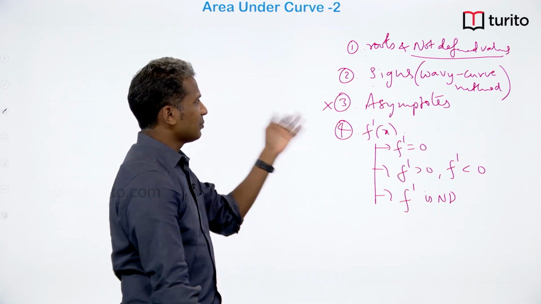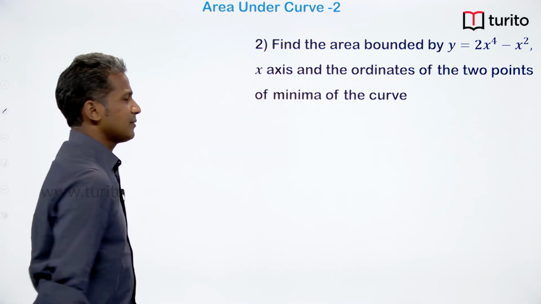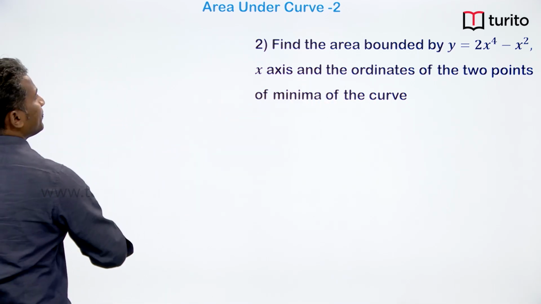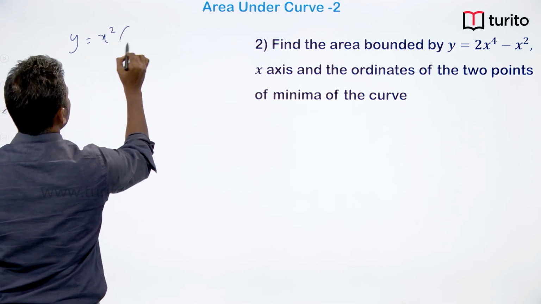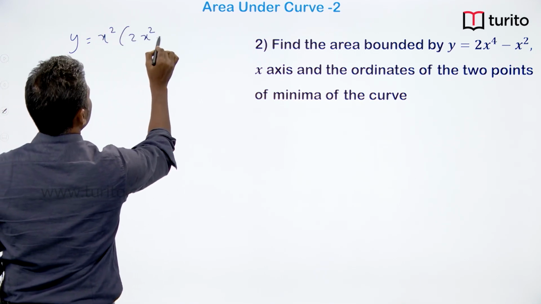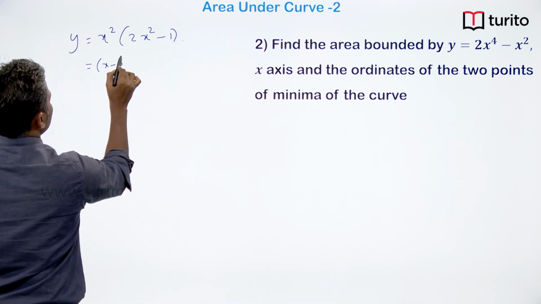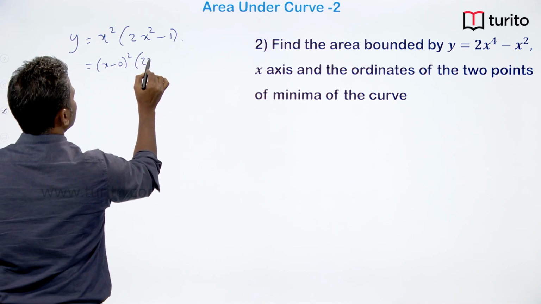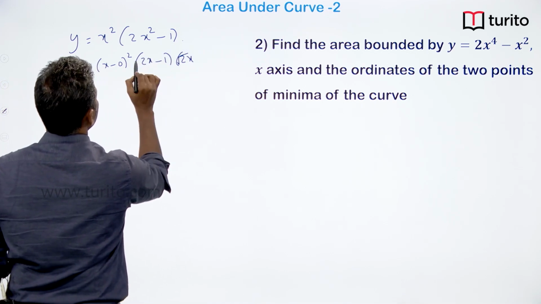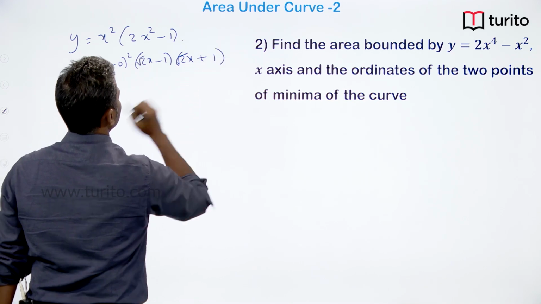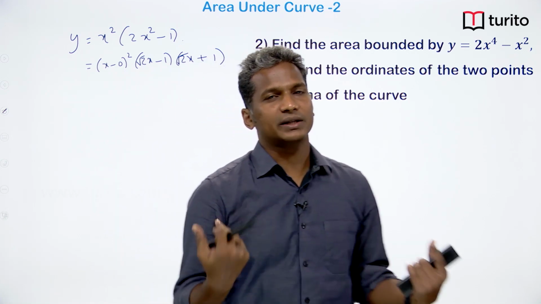For example, if I factorize this function, y equals x square times (2x square minus 1). So the factors are (x minus 0) whole square, root 2x minus 1, and root 2x plus 1. These are simple polynomial factors.